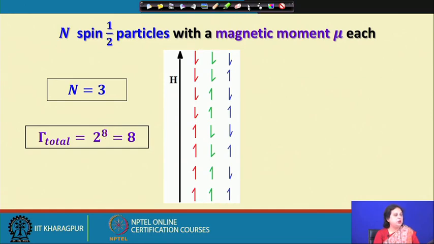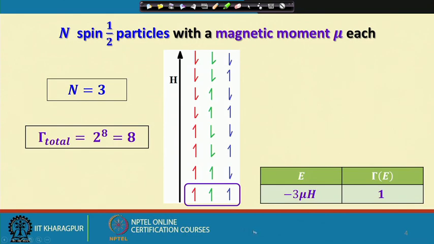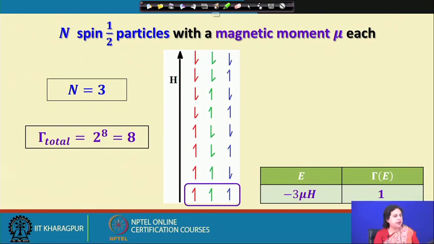Now, when we look at these microscopic states and try to group them exactly the way we did in the last slide where I had N equal to 2, this is what I shall get. I have a unique microscopic state where you can see 3 spins, all 3 of them oriented parallel to the direction of the applied field, and correspondingly the energy of the system is minus 3 mu h.